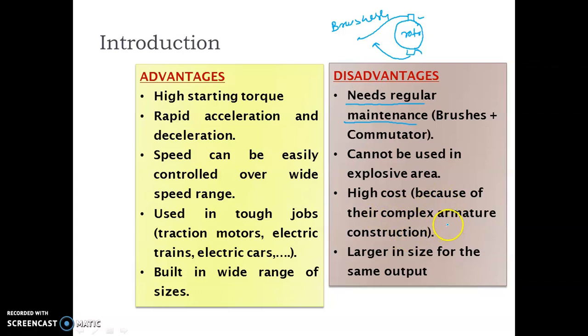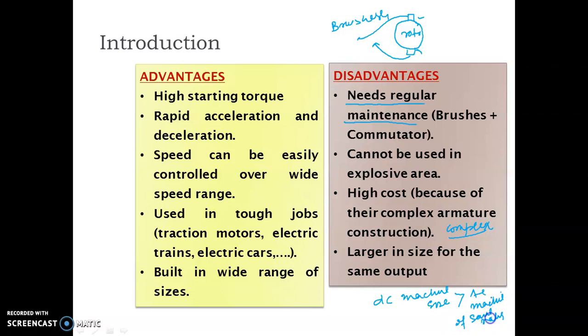Its construction is complex, so cost is high. Larger in size for the same output: the DC machine size is greater than an AC machine of the same rating.